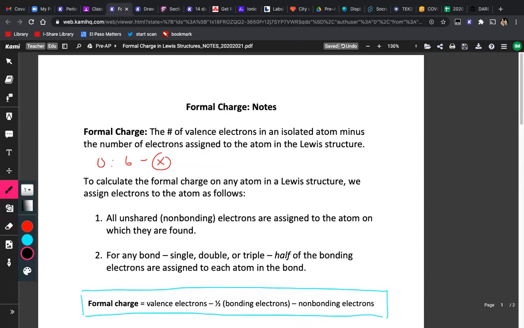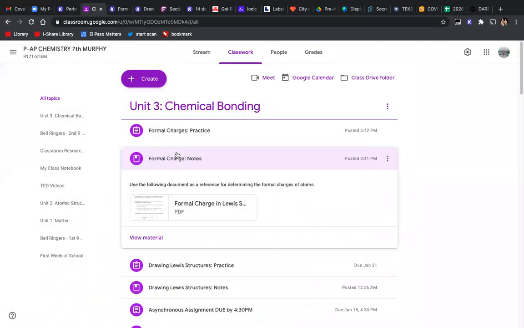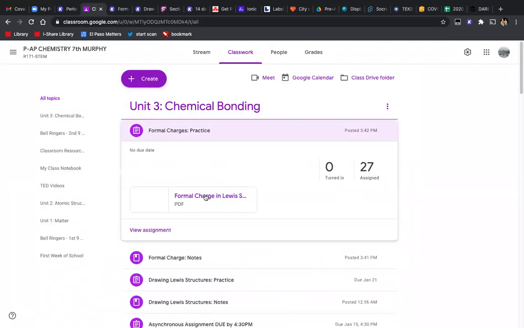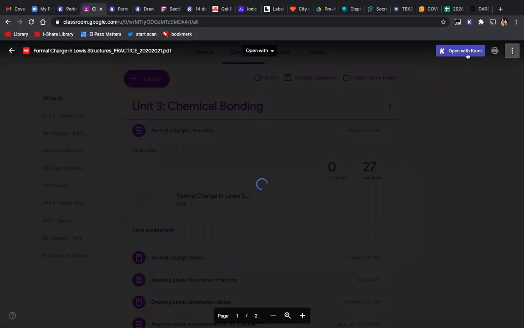Let's go ahead and take a look at the main assignment. Let me pull up the main assignment: Formal charge practice. Go ahead and open this up.